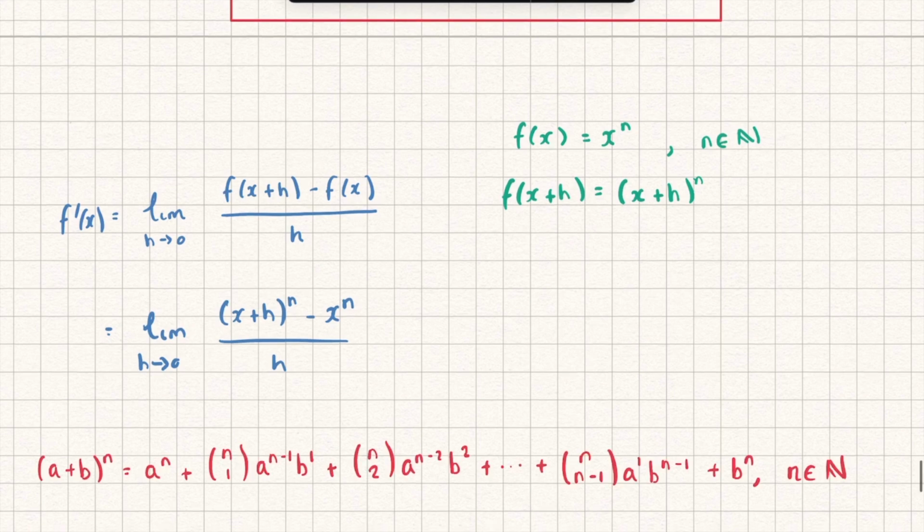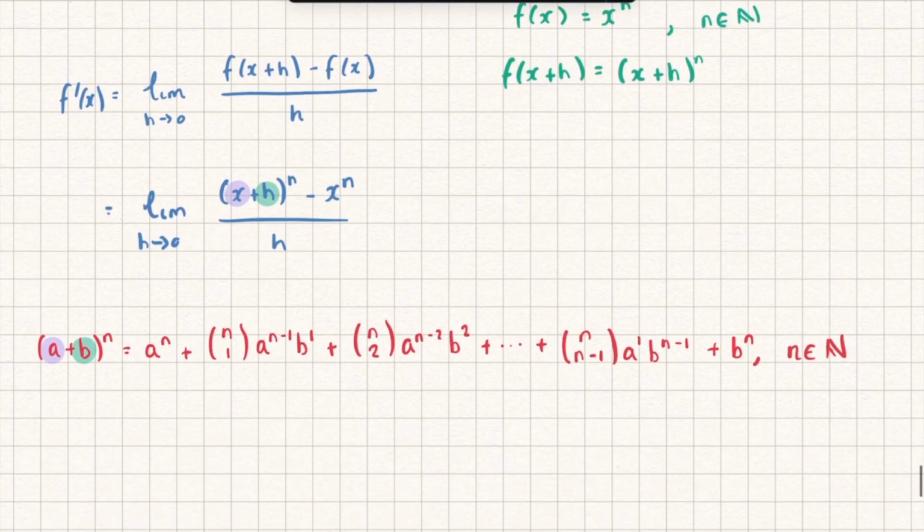So you can see now I've put it on screen in red. This is the formula we're going to use, and for this the a in our expansion will be x and the b in our expansion will be h, and I'm just going to plug everything into this formula.